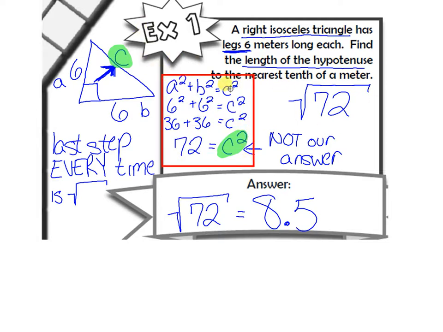I want to see the blank formula. I want to see you plugging in your answers. I want to see you simplifying the math. I want to see you adding. And then I want to see your square root. And we're just going to round our answers to 1 decimal place. So let's go ahead, let's end this video, and let's get busy on today's practice problems.